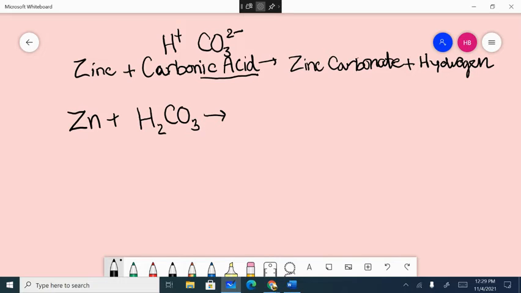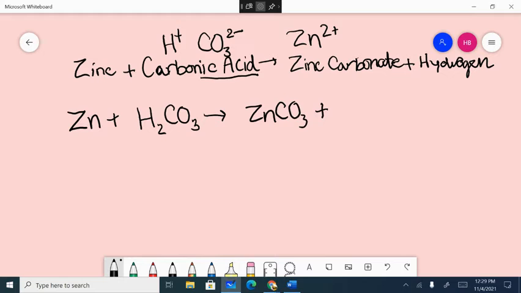Now, on the other side, what's happened is carbonic acid is going to take 2 electrons away from zinc, and zinc's going to be a +2. Now that zinc is with carbonate, which is a -2, they go together 1 to 1.